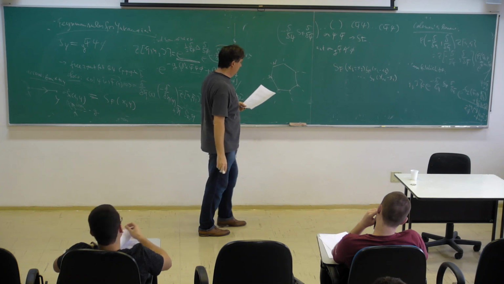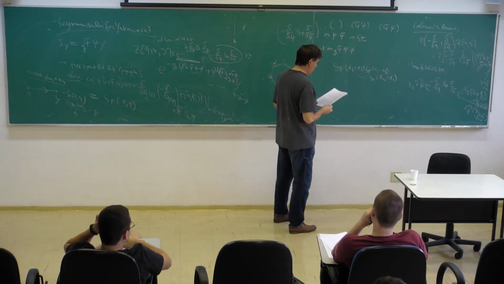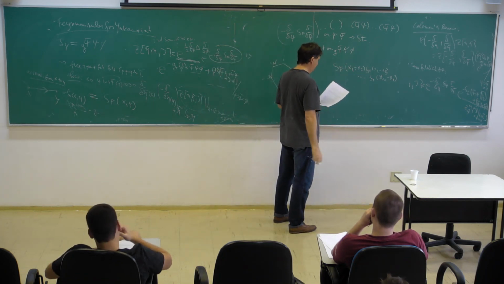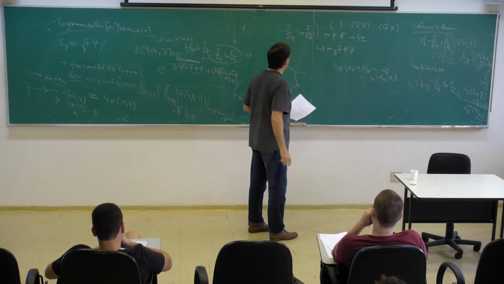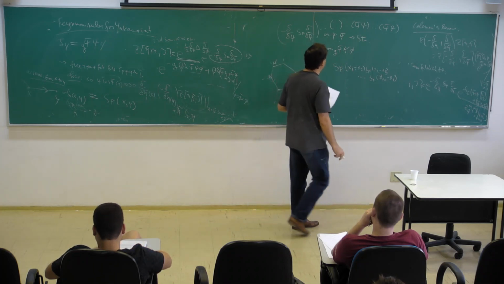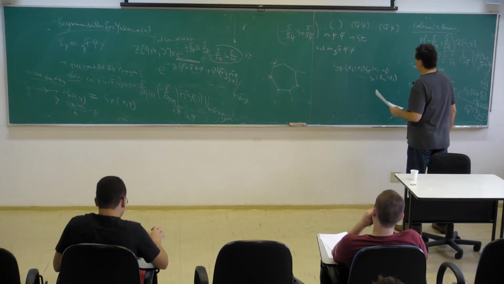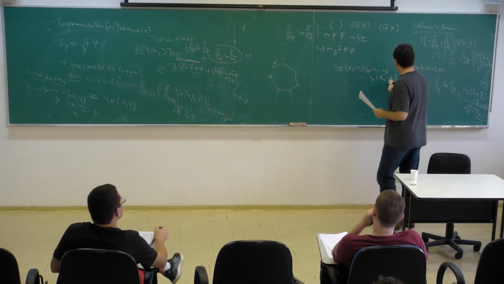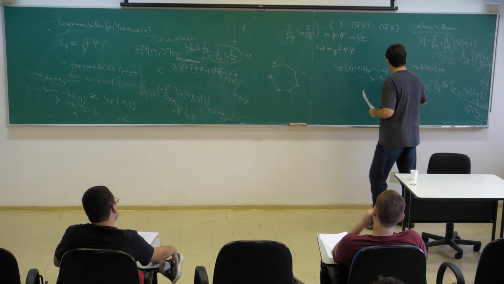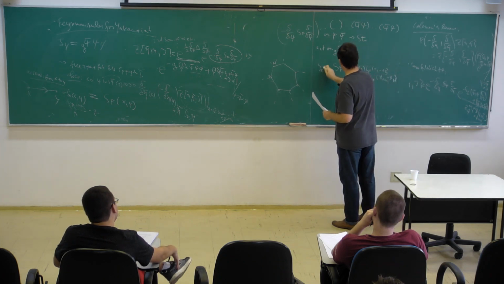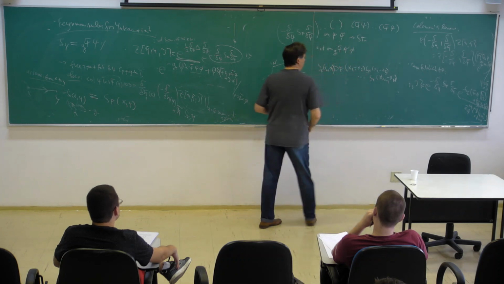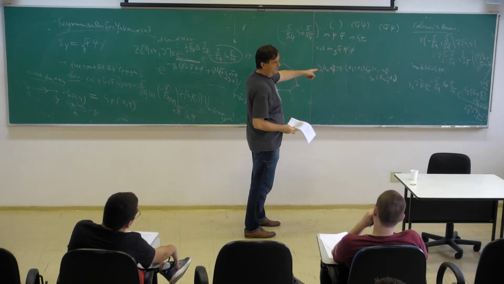But then what kind of sign do I have? Well, actually, I should have written it like this: SF xn minus x1. That was actually the point.